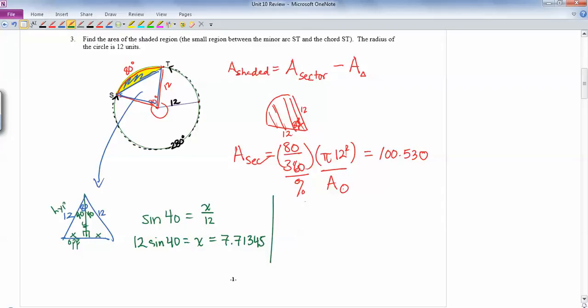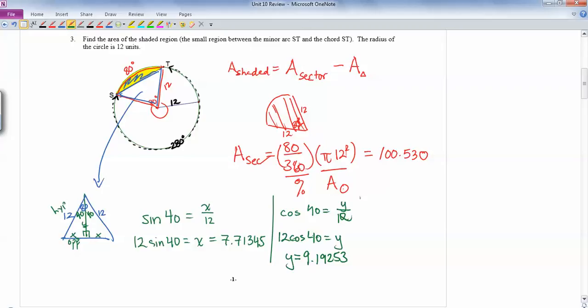And if we did cos of 40, we can get y. You could also do Pythagorean theorem at that point. Cos of 40 equals y over 12. So then 12 cos 40 is y. And so y ends up being 9.19253.